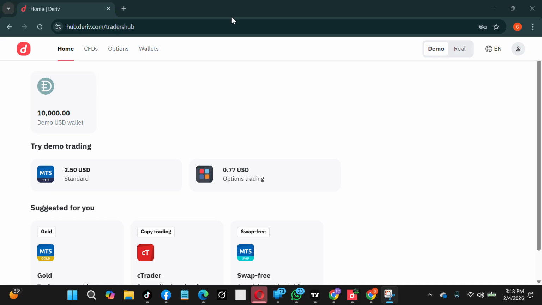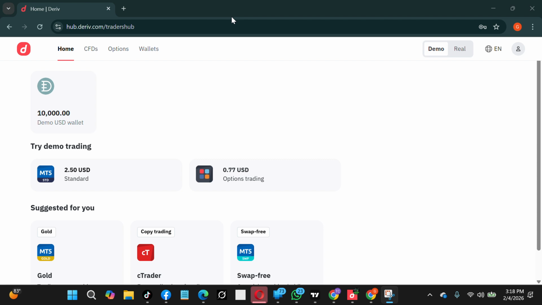Now, once you have understood that Deriv is a broker which offers its own computer-generated market, the binary option, just like any other broker it must offer you a demo account, a demo wallet.